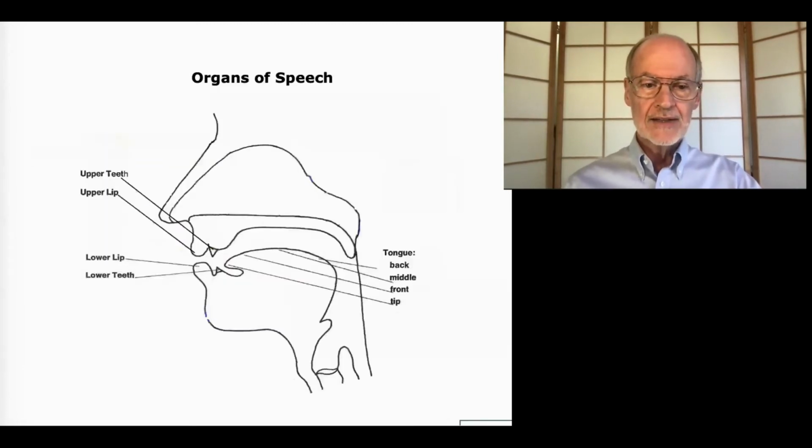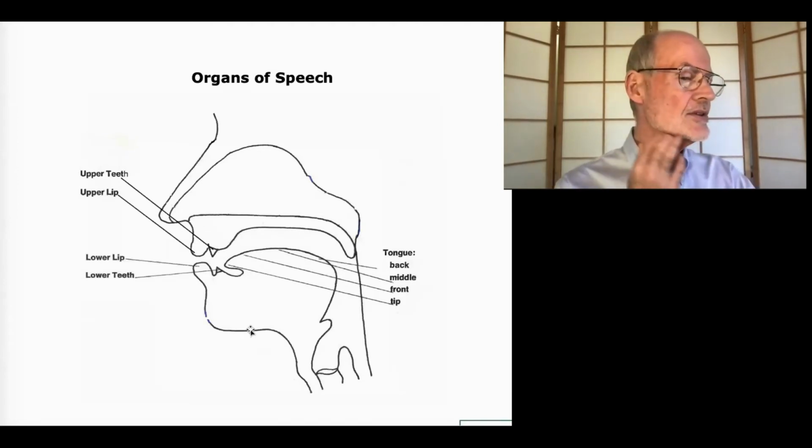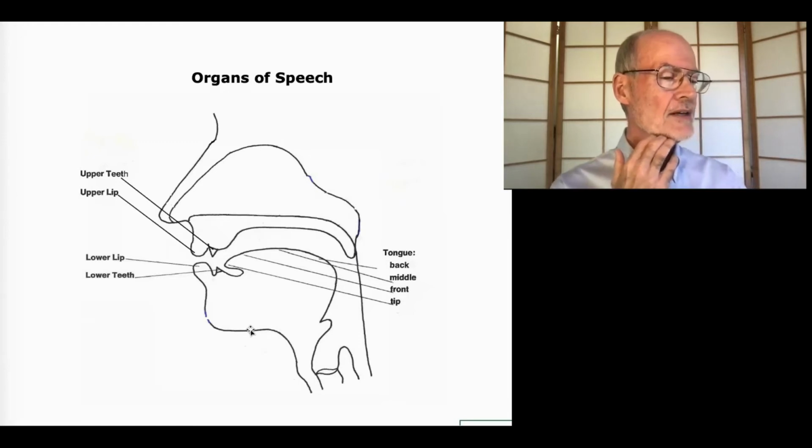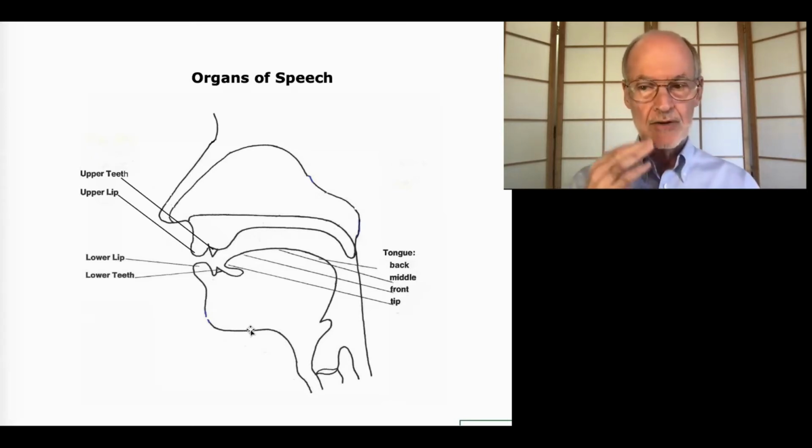So looking at the organs of speech that are related to the production of the vowels, we're looking at the jaw, and that's this. And if it's high up on that chart, the mouth is almost closed, E. And then if it's down, as the jaw opens, the bottom one is ah, and the jaw is down and the tongue is down.